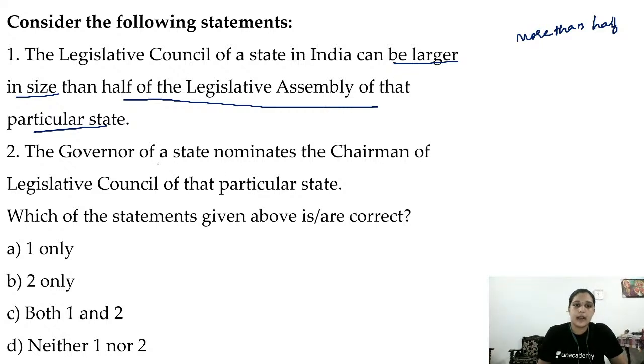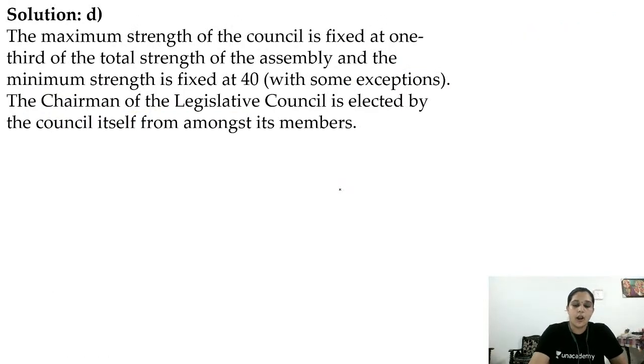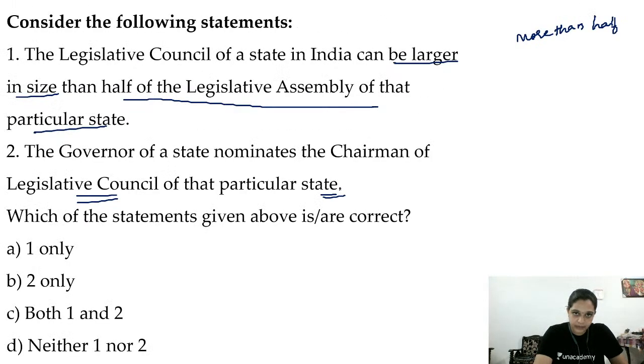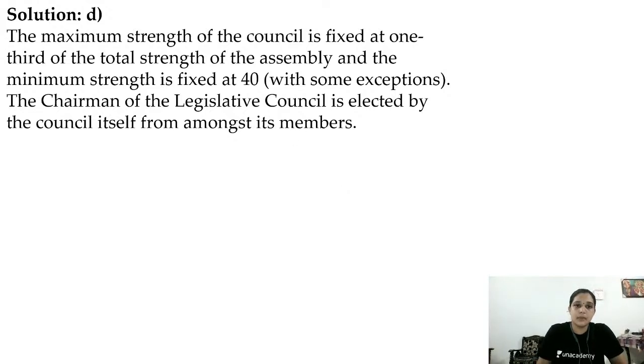The governor of a state nominates the chairman of the Legislative Council of that state. So the solution is D, because we know the maximum strength of the council is fixed at one-third only. Is one-third less than half or more than half? Half is 0.5, one-third is 0.333. So the first statement is definitely wrong.